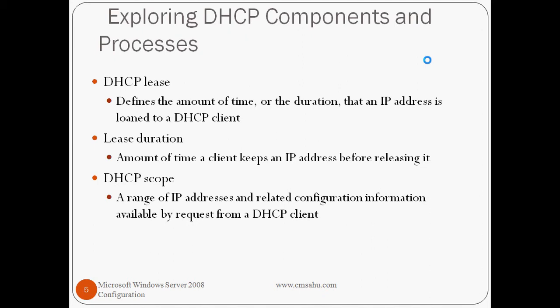Then we will go to the server and configure the DHCP scope, lease duration, everything. So I think you understand the lease duration, right? The amount of time a client keeps an IP address before releasing it. And the DHCP scope is a range of IP addresses and related configuration information available on request from DHCP clients.